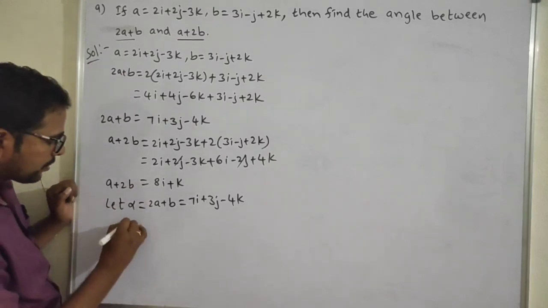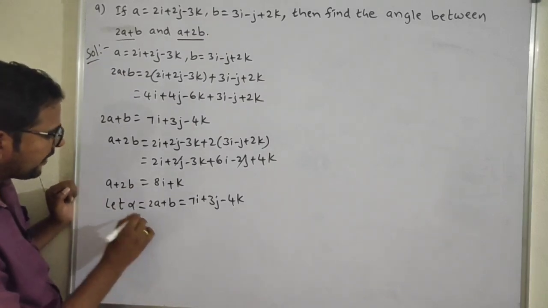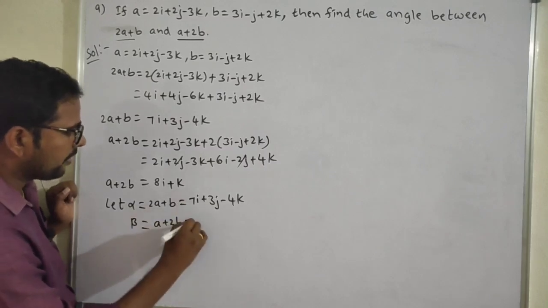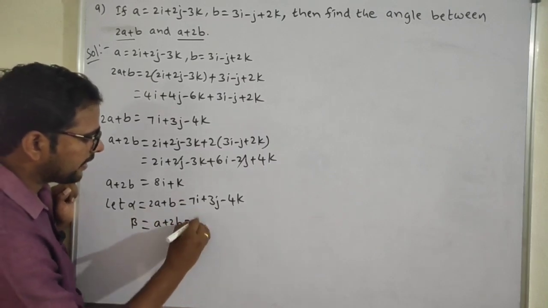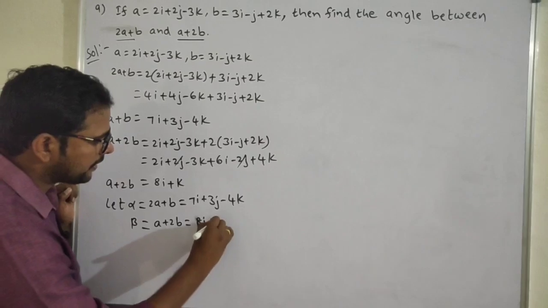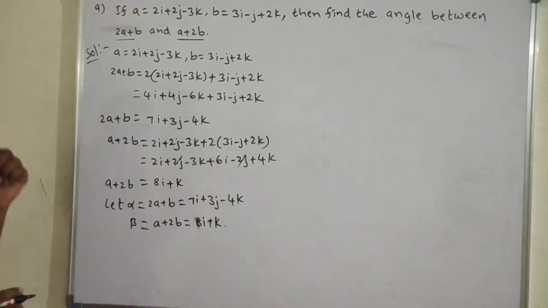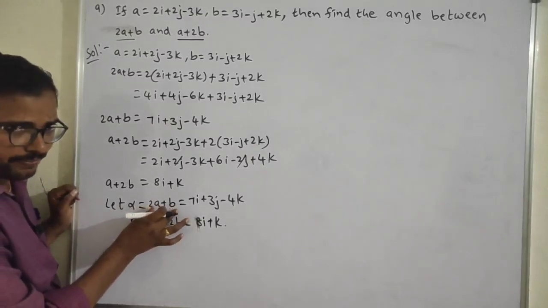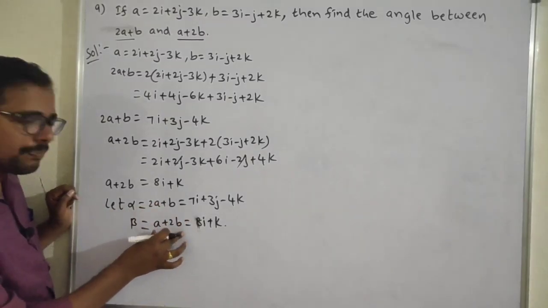And let beta be the second vector, a plus 2b, which is 8i plus k. Now find modulus alpha and modulus beta. Modulus alpha means modulus of 2a plus b, and modulus beta means modulus of a plus 2b.